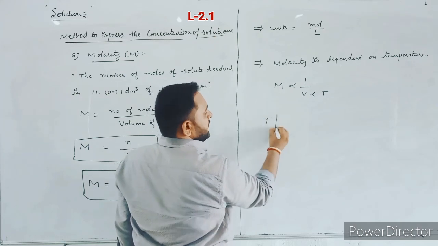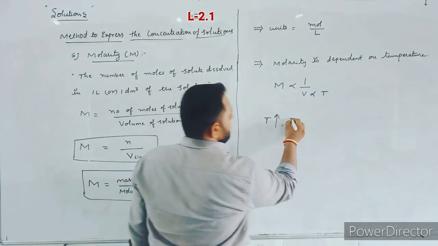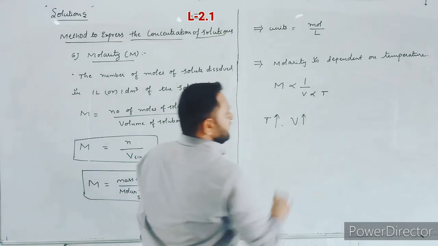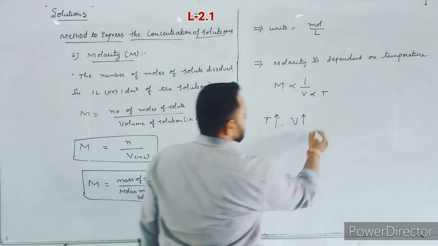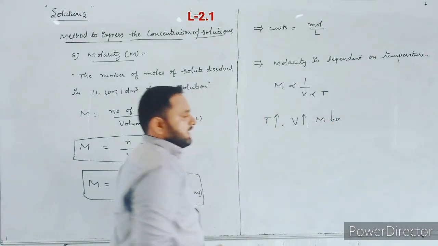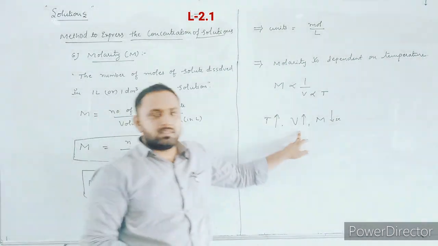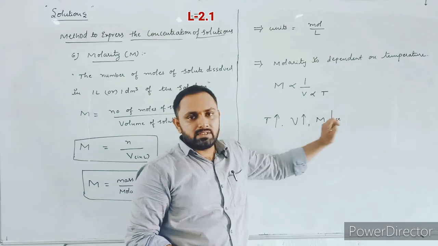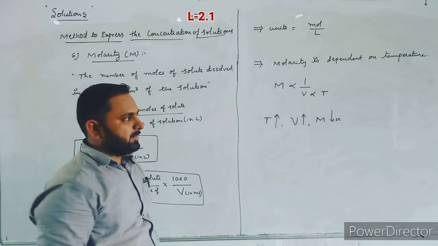Then if temperature increases, volume also increases. If volume increases, what about molarity values? Molarity will decrease. So as temperature increases, volume increases. As volume increases, molarity values decrease. Here molarity is dependent on temperature.